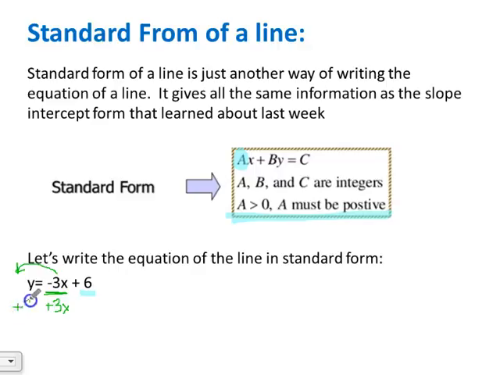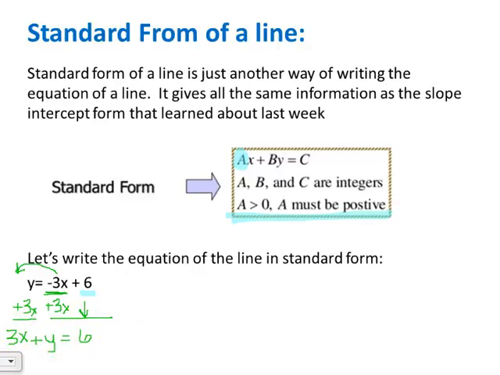That's how I can move it. Whatever I do to one side, I have to do to the other side. So now I've got 3x plus y, because I can't combine those, they're unlike terms, equals 6. Remember that 6 just comes down. I just added 3x to both sides, so now I've got 3x plus y equals 6.